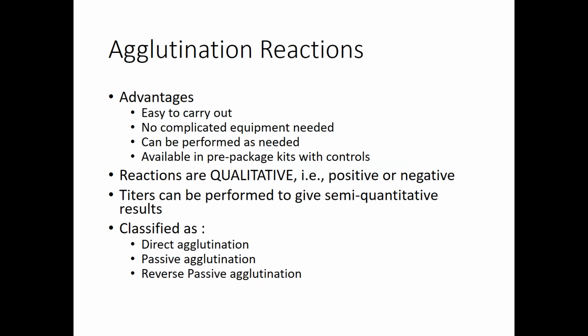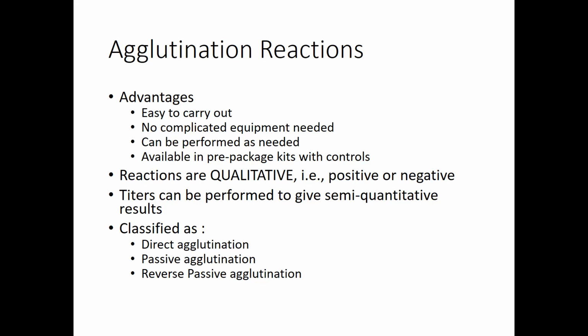What are some of the advantages of agglutination reactions? Super easy to carry out. You put a drop of blood, you put a drop of reagent, you mix it in a test tube. Or you put a latex bead that has antigens on it with a drop of patient serum, you get a reaction.